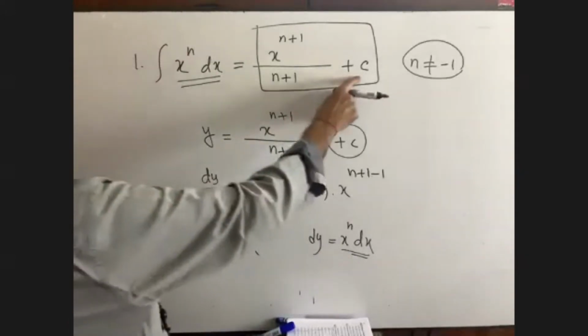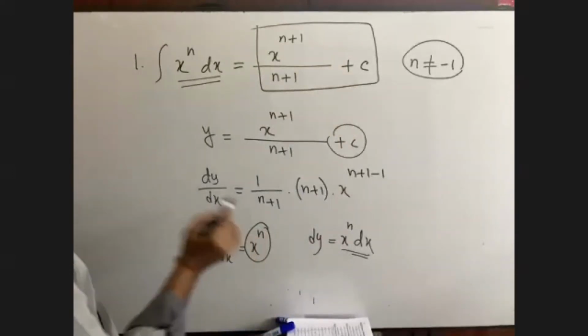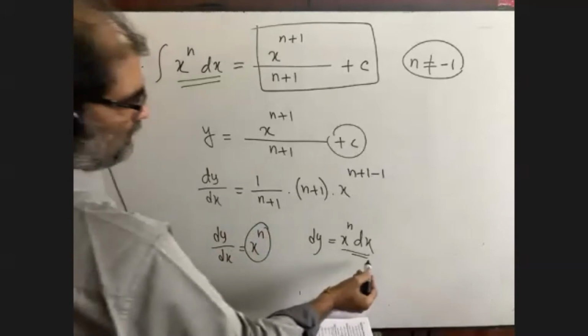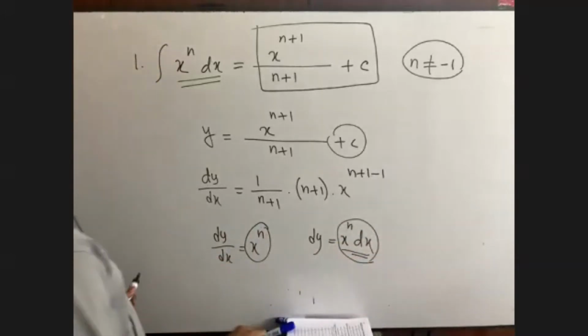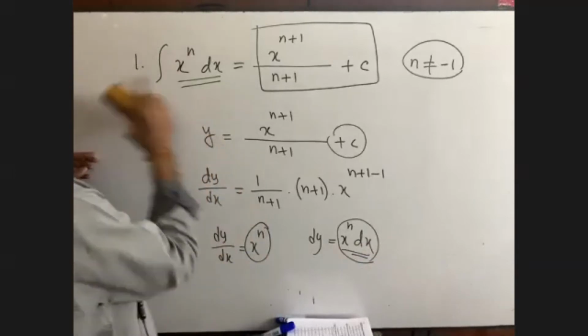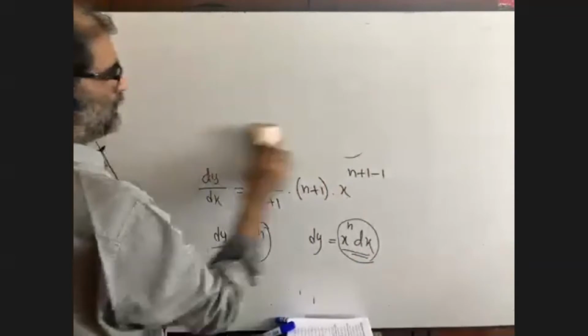But we don't have any functioning of c here. Anyway, we'll go to the next formula. It is formula number 1, and it also has a proof. Anyway, number 2 formula.